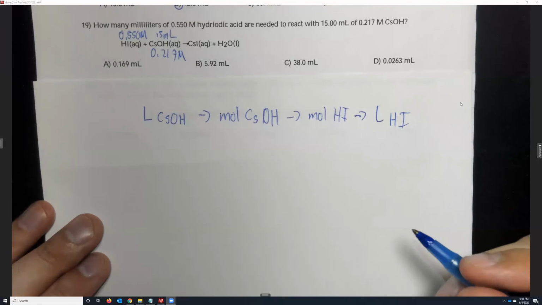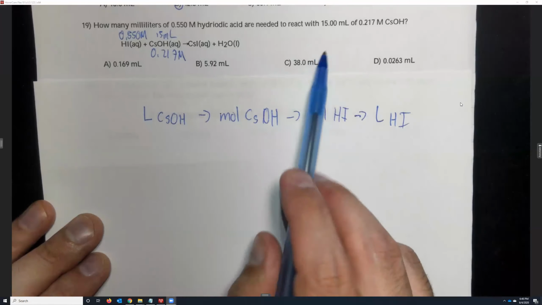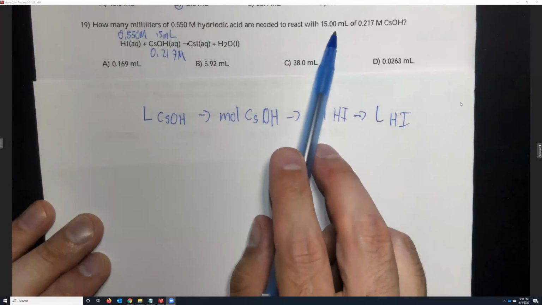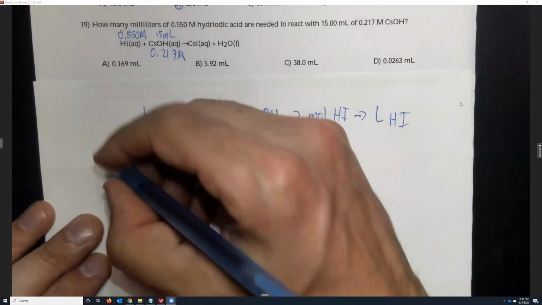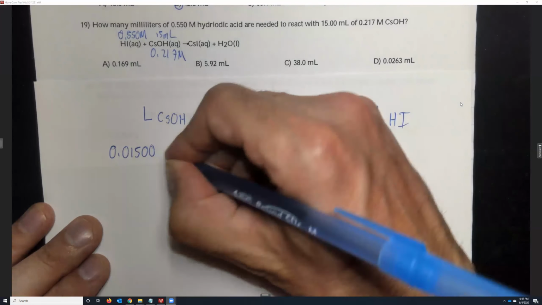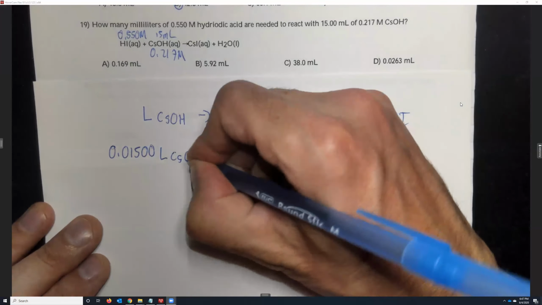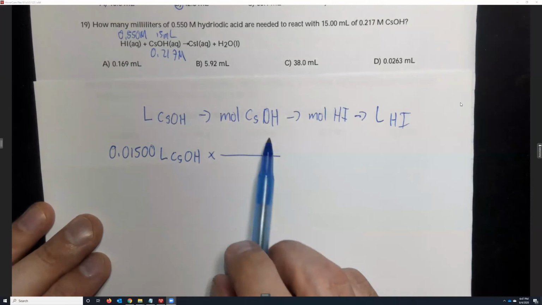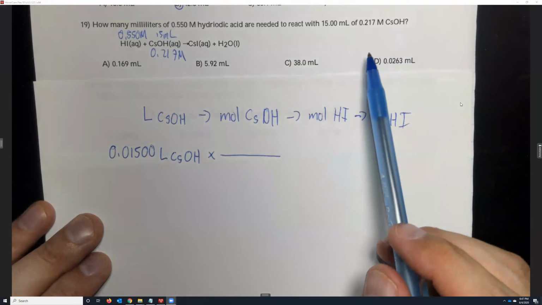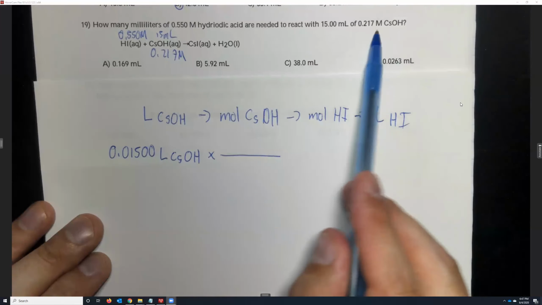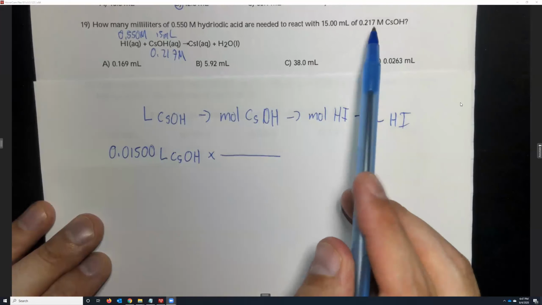So when we do this, we need to plug this number in liters. Said another way, we need to divide it by 1,000. So we can't plug in 15 milliliters, we have to plug in 0.01500 liters of cesium hydroxide. We now need to convert it to moles of cesium hydroxide. This is just like a couple problems ago where we were using a molarity to convert from liters to moles.